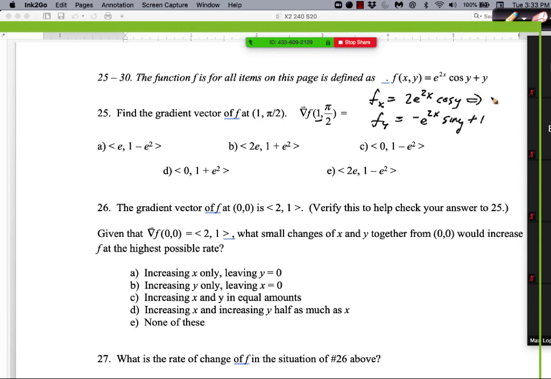Cosine of pi over 2 is 0, so the x component is 0. The y coordinate is negative e to the 2 times 1 plus 1. So it looks like 0 and 1 minus e squared, right here.